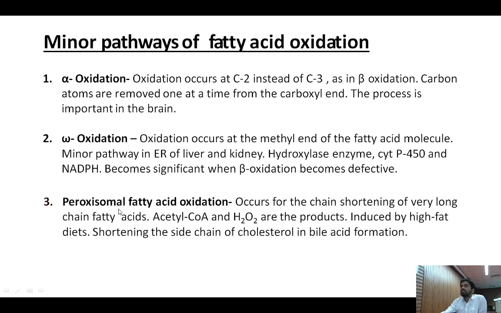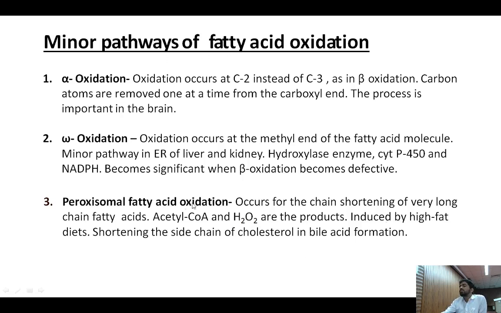Next is peroxisomal fatty acid oxidation. This occurs for the chain shortening of very long fatty acid chains. So if any fatty acid has a very long chain, this peroxisomal fatty acid oxidation will happen. Here the product will be acetyl coenzyme A. Ultimately, it will form H2O2 also. H2O2 is not formed in either alpha or beta oxidation.